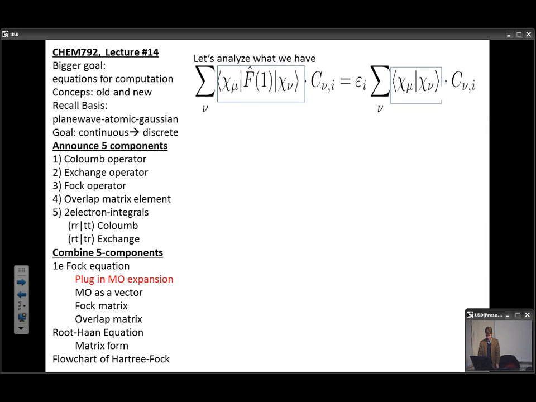So let's just have a second look at this. This will be the matrix element of the Fock operator with indices mu nu, and this will be the matrix element of just the overlap of different basis functions, S sub mu nu.